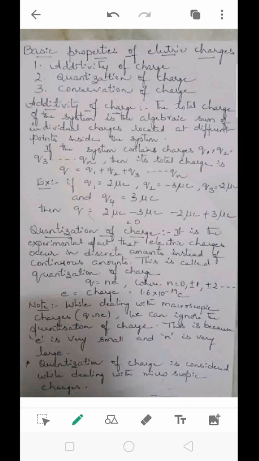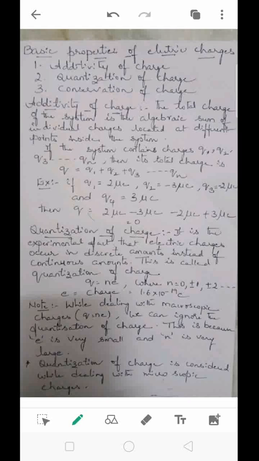If there are two charges, its value is 2 x 1.6, that is 3.2 x 10^-19 coulombs. There is no separate charge in between 1.6 and 3.2, right? So this is how the charge is considered to be quantized.